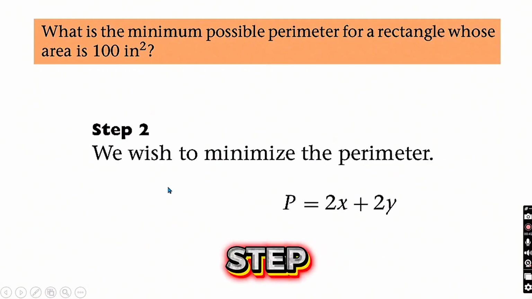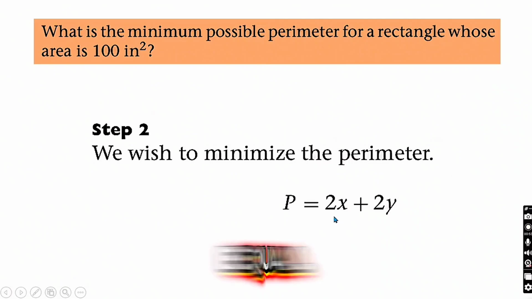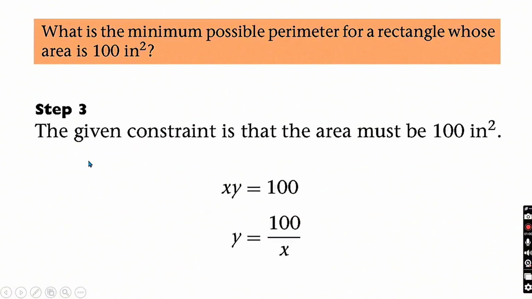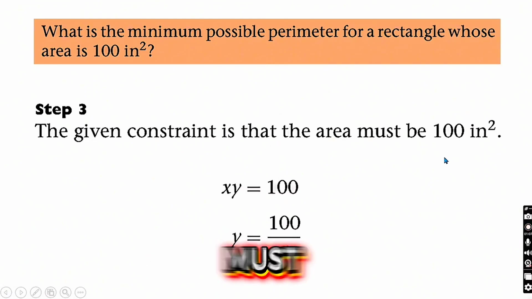For the second step, we wish to minimize the perimeter. So we need the formula for the perimeter of a rectangle: P is equal to 2x plus 2y, where x and y are the length and the width. For the third step, the given constraint is that the area must be 100 square inches.